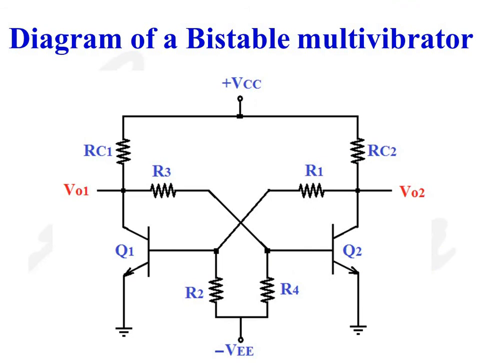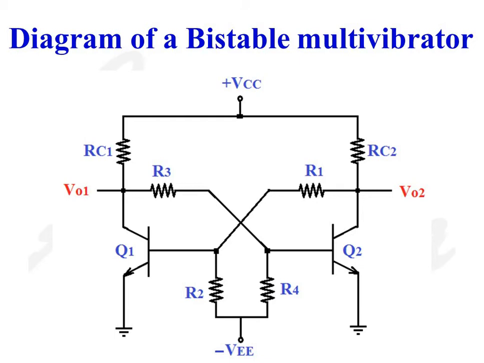This is the diagram of a bistable multivibrator. There are two transistors Q1 and Q2. Collector voltage of transistor Q1 is denoted as V01 and collector voltage of transistor Q2 is denoted as V02.